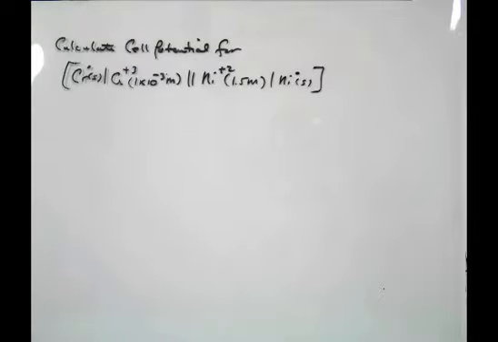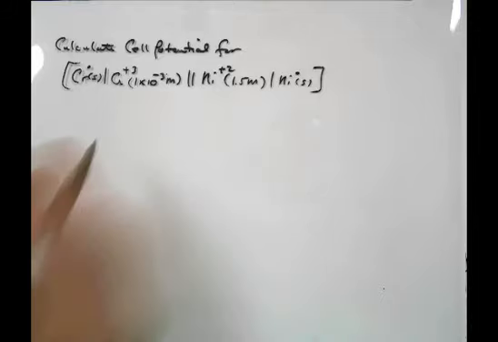Calculate the non-standard cell potential. What you need is the Nernst equation. Why? Because the ratio Q has to be raised to the coefficient power. They're not all ones.